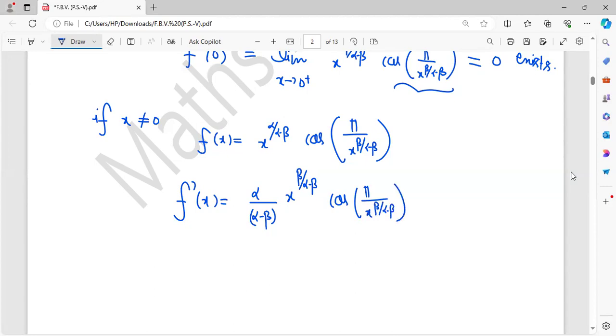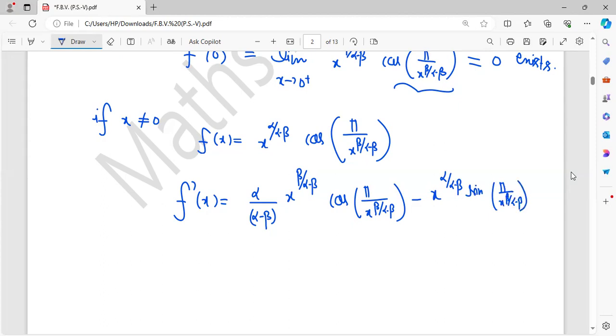Now take differentiation of this. This will be x to the power alpha minus beta sin of pi upon x to the power beta upon alpha minus beta.